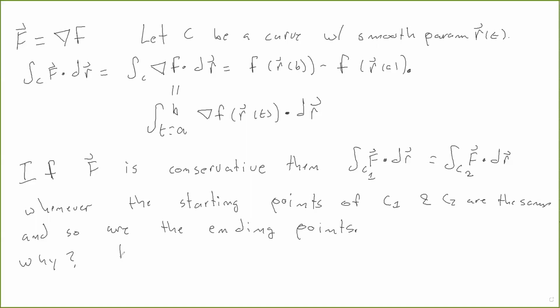So let's say that F is equal to the gradient of some function f, and let's say C1 starts at the point x naught, y naught, and ends at x1, y1.